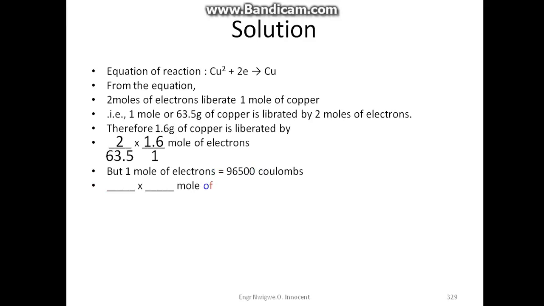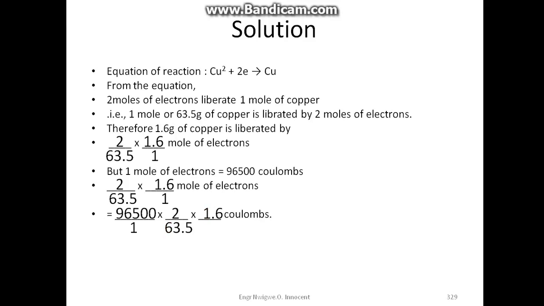So we have 96,500 over 1 times 2 over 63.5 times 1.6 over 1, which will give us 4,863 coulombs. Coulomb is equal to current in ampere times time in seconds.